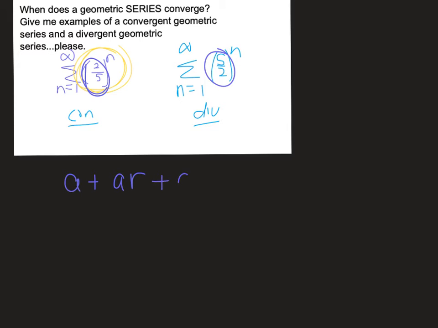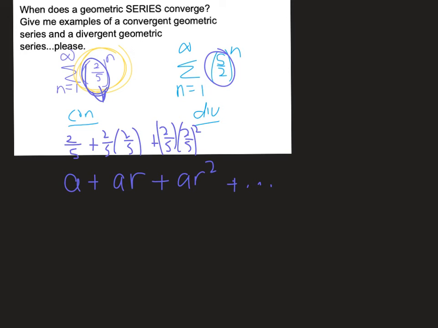The next term would be a times r twice. So in the context of this one, the first one would be 2/5, the second one would be 2/5 times 2/5, the third one would be 2/5 times 2/5 times 2/5, so 2/5 times 2/5 squared, etc.